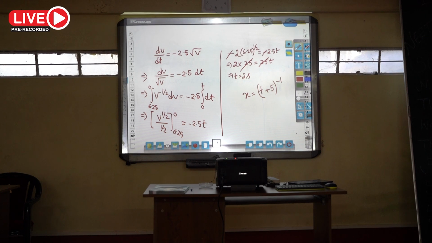x is given in terms of t. First calculate dx/dt to find instantaneous velocity. And after that calculate dv/dt to find acceleration. So you will get velocity in terms of time, acceleration in terms of time, then try to eliminate time to get the relation.